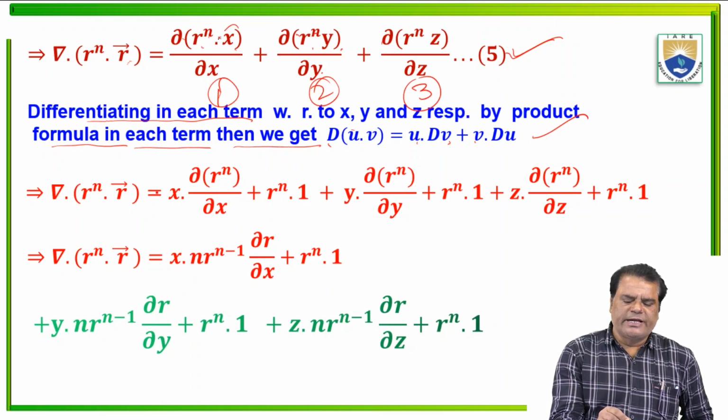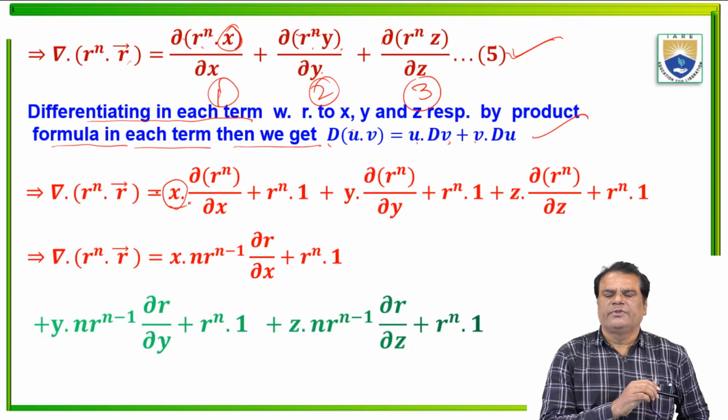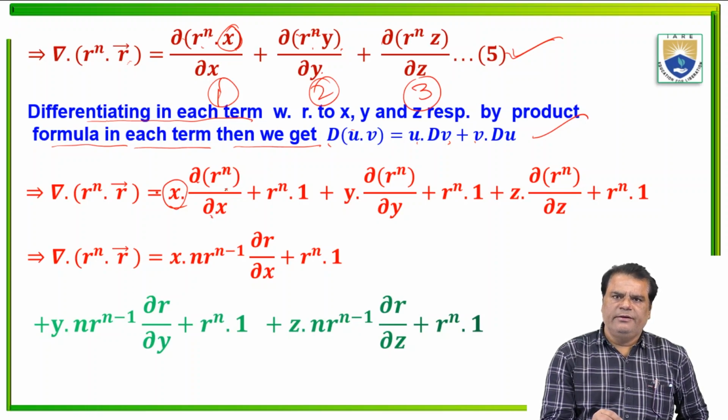Now here the second function is x, taking it as constant. With the second function constant, differentiation of r to the power n with respect to x, plus, the first function r to the power n constant, differentiation of x with respect to x is 1.